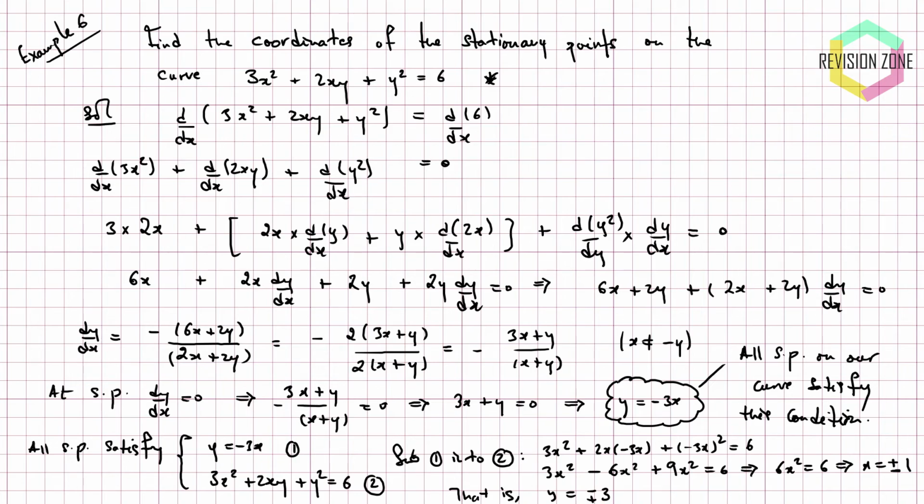And once we have that, we actually have the location of our stationary point. So I maybe want to write it somewhere where there's a bit more room, and perhaps I can write it in a different color. So I can say our answer is stationary points at, so when x is 1, y is minus 3, and when x is minus 1, y is 3. So we've been able to solve the entire question.